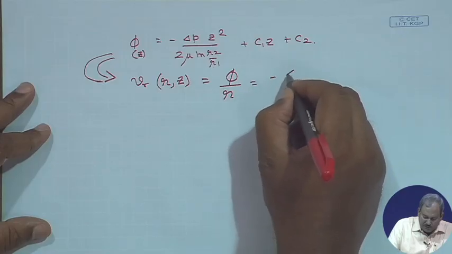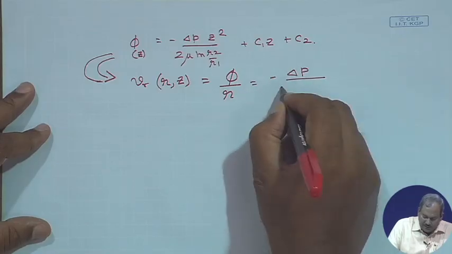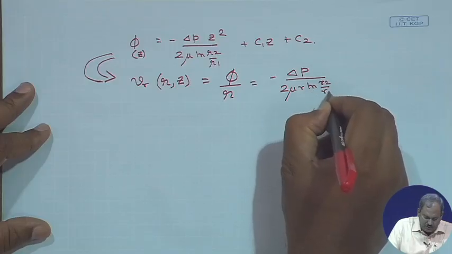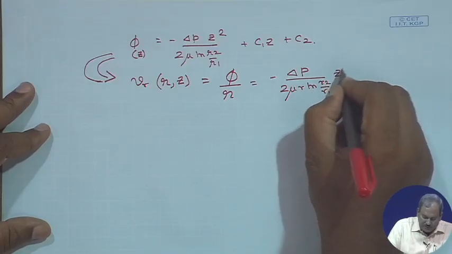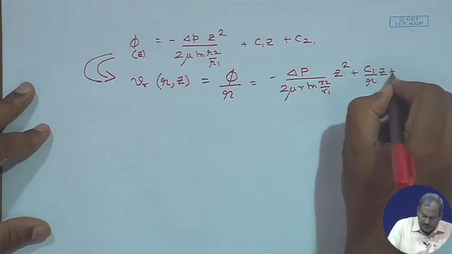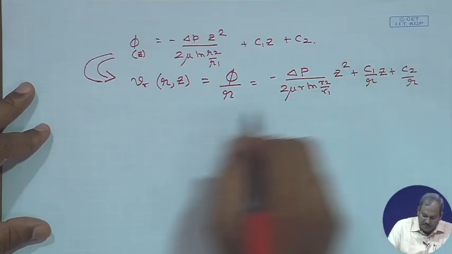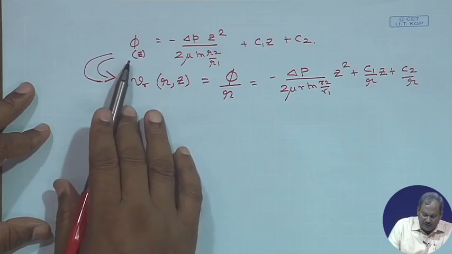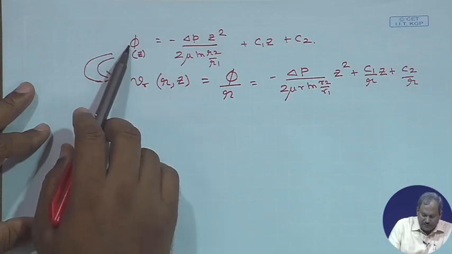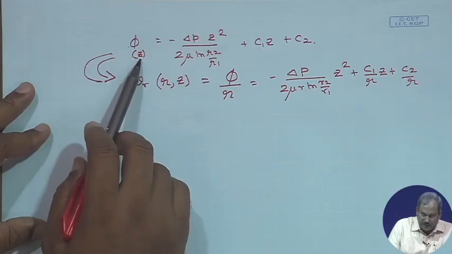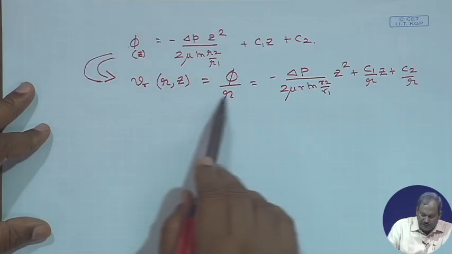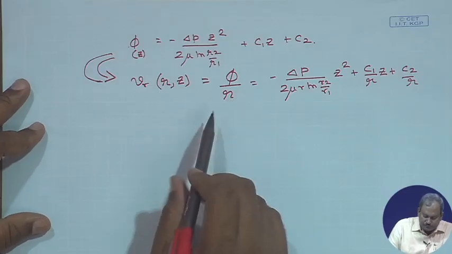So, this would be minus delta p by 2 mu r ln r2 by r1 times z square plus C1 by r z plus C2 by r. See how we have got the expression for Vr from the expression for phi, identifying it as a function of z, and this is from the equation of continuity, the specific form of Vr.